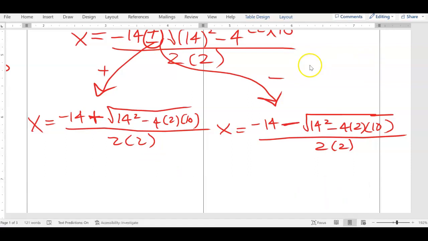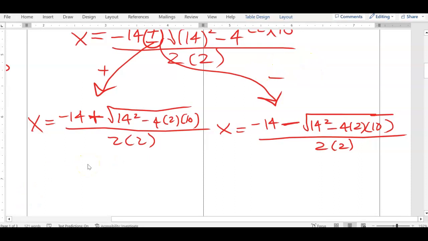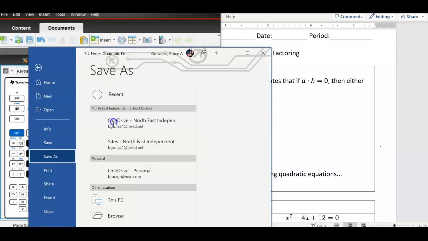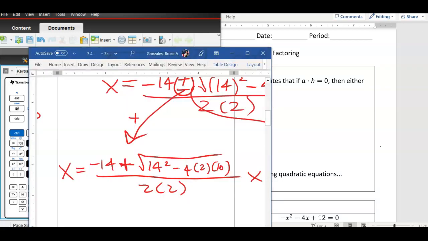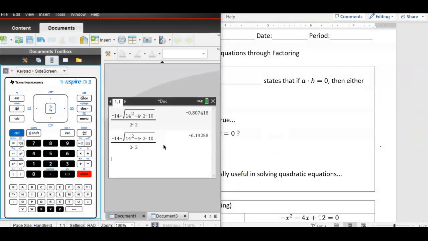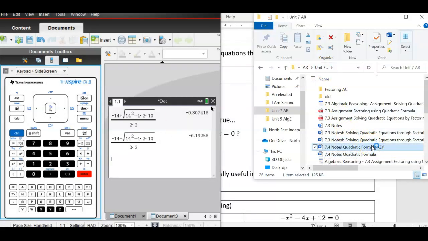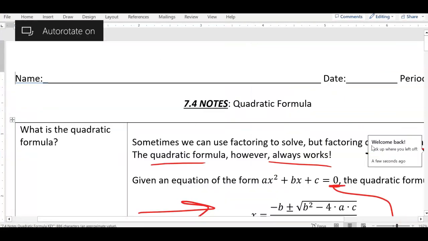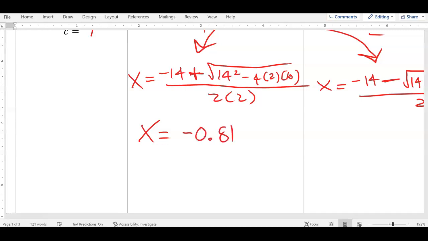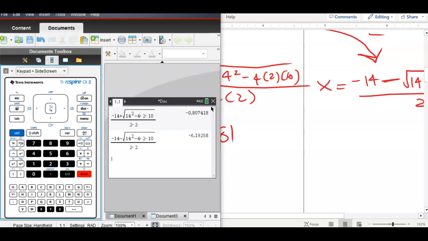What is going on? Negative 0.81. And then the other one was negative 6.19.